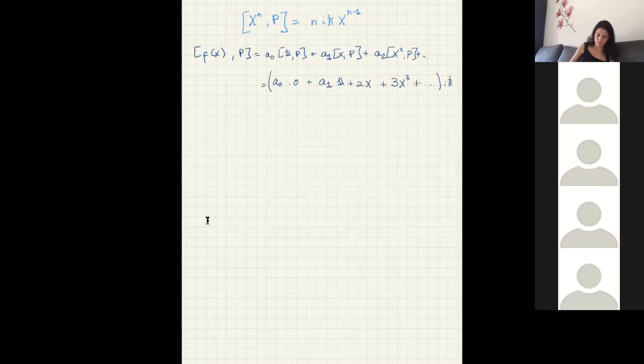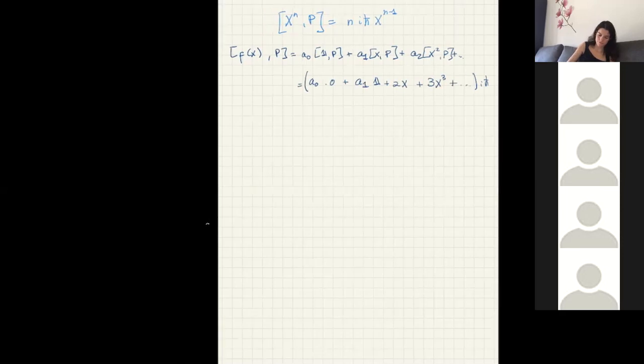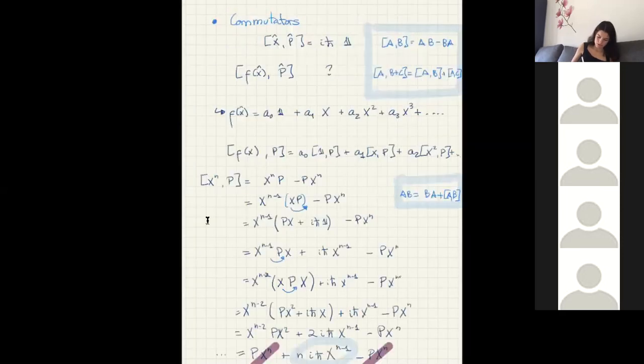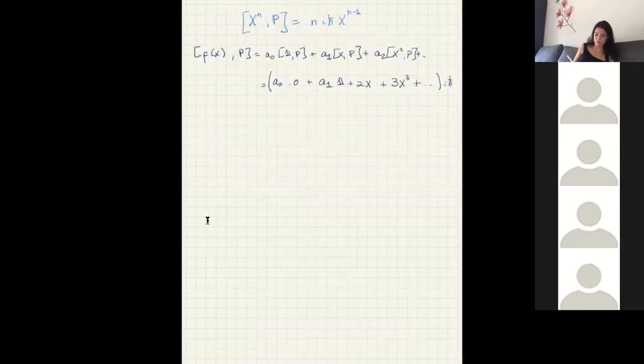Okay, and this, if you look at the original definition of f here, then what we got is just a derivative of x with respect to x. So you get d/dx of f(x). Okay, so that's what we have.